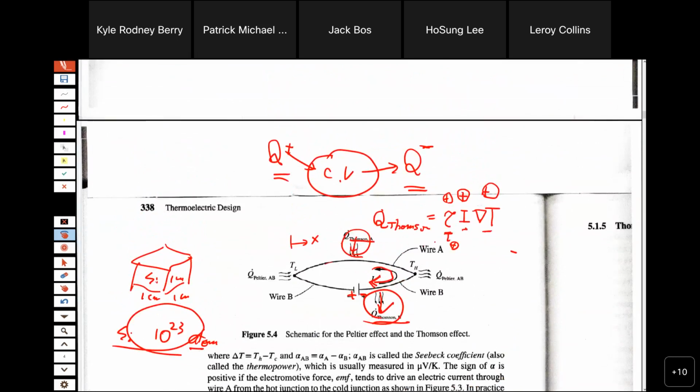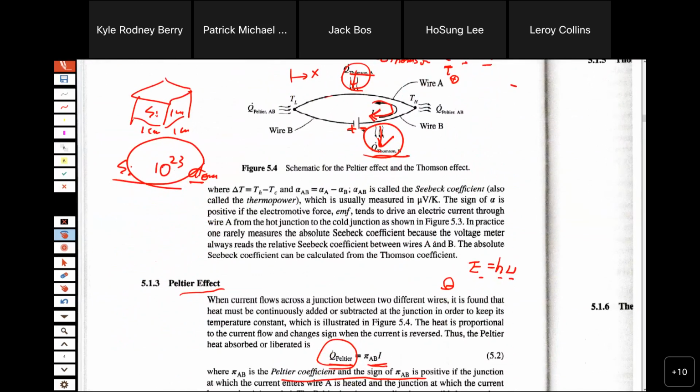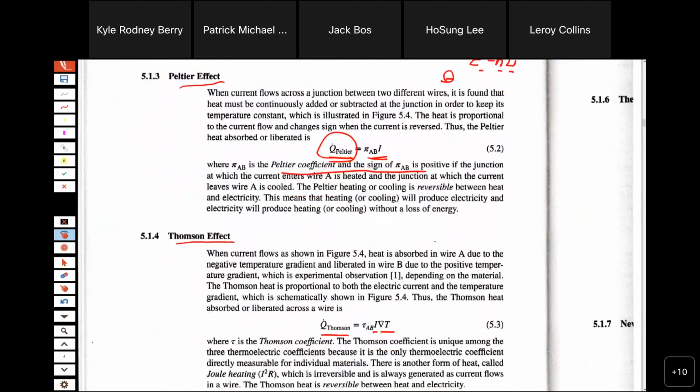Okay, now I'd like to summarize. The Seebeck and the Peltier and the Thomson effects are reversible. Believe it or not, reversible.